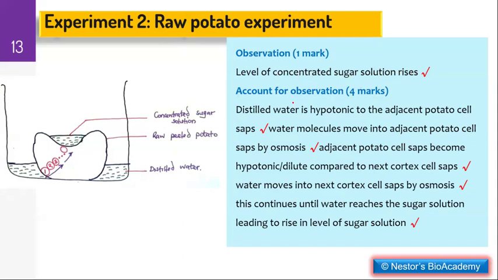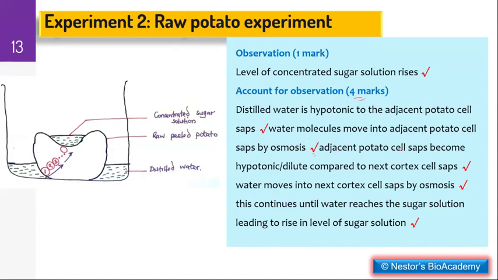Then if we are to account for the observation made here, then the explanation would be that distilled water is hypotonic to the adjacent potato cell sap. So water molecules move into the adjacent potato cell sap by osmosis.